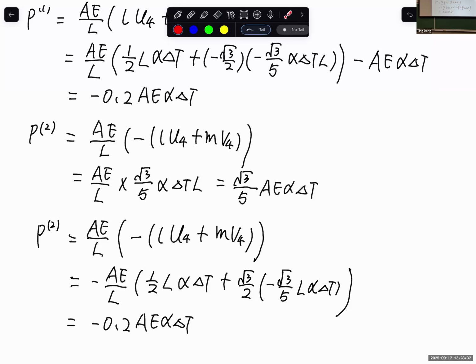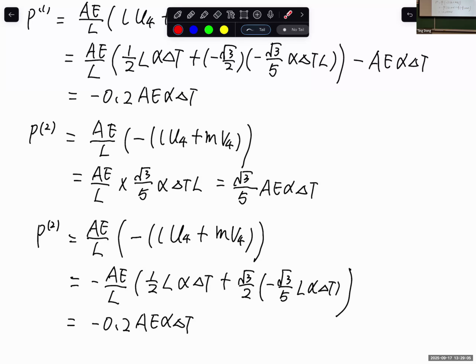And if I want to generate compression, again, the magnitude is always the same: the internal force in our element, the force applied at node I and at node J. So now I apply a compressive force. Node I goes in the positive x direction, node J goes in the negative x direction. So for the sign, again, negative internal force, negative force at node J. The sign is always the same as the force applied at node J.